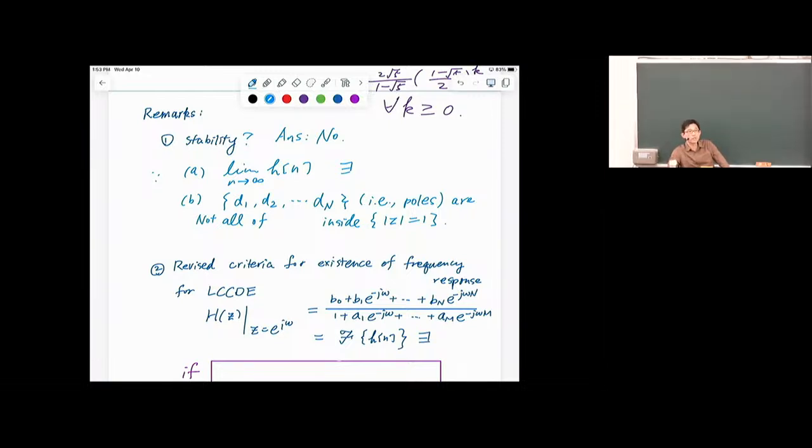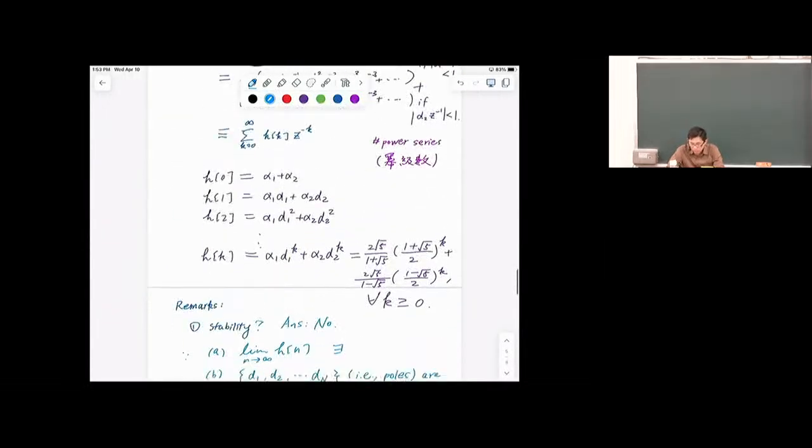So that means that once any of the poles is outside the unit circle, then we have a diverging impulse response. Why? Because the pole location is a common ratio. Each pole corresponds to the common ratio of one of the geometric sequences. And in our case, we have two geometric sequences.